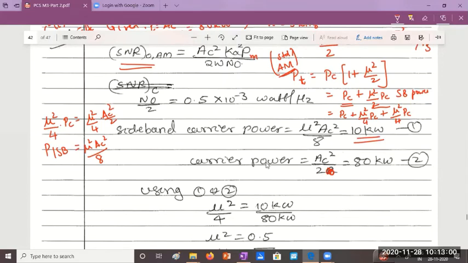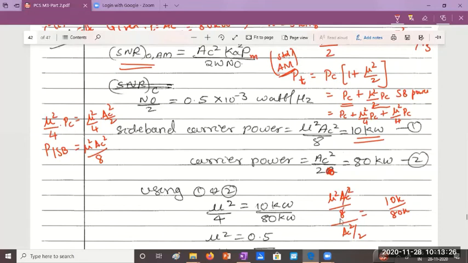I can try to use equations 1 and 2, substitute the values, take the ratio. Let me say mu square Ac square by 8 divided by Ac square by 2 is equal to 10K by 80K. They have given this as 10K, this as 80K.